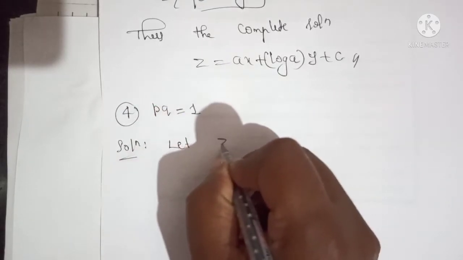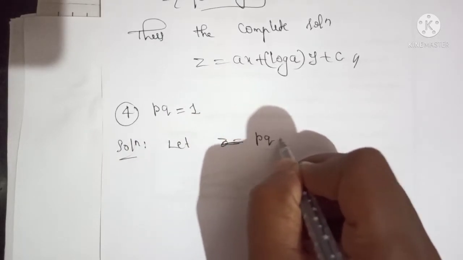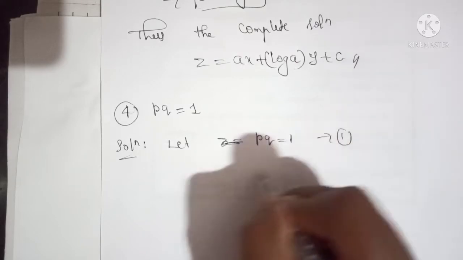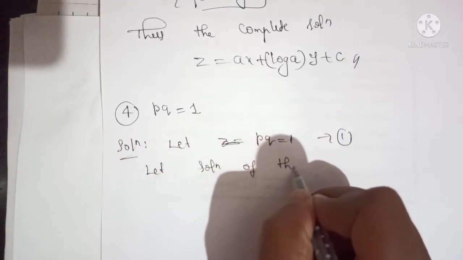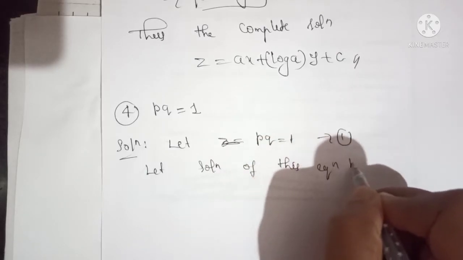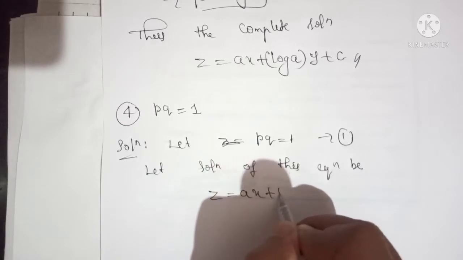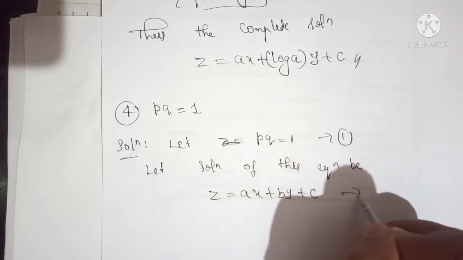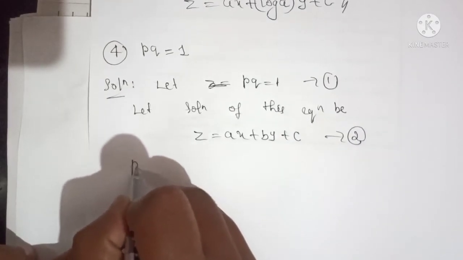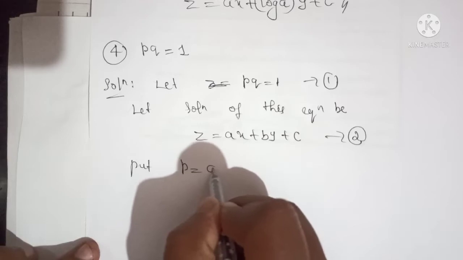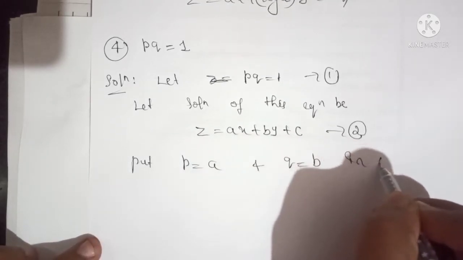First we write the given equation PQ equals 1 as equation 1. Let the solution of this equation be Z is equal to AX plus BY plus C, so equation 2. Now put P equals A and Q equals B in 1.